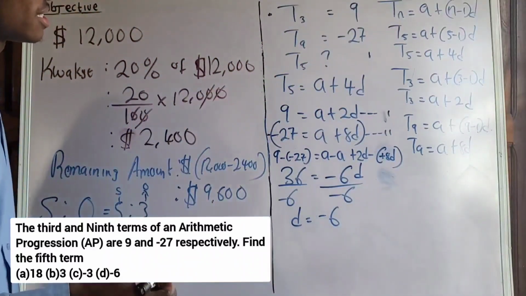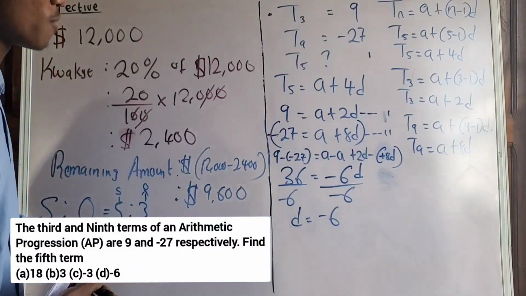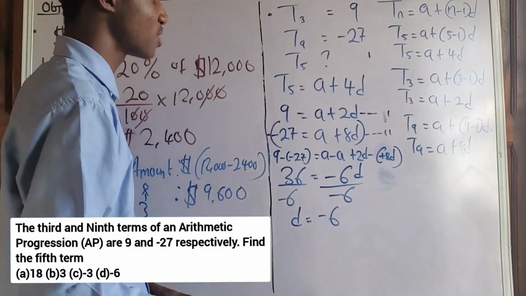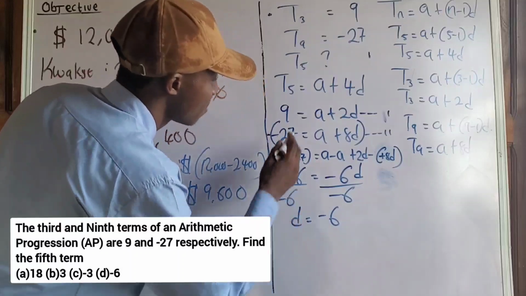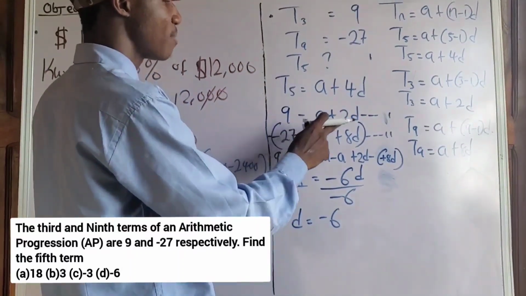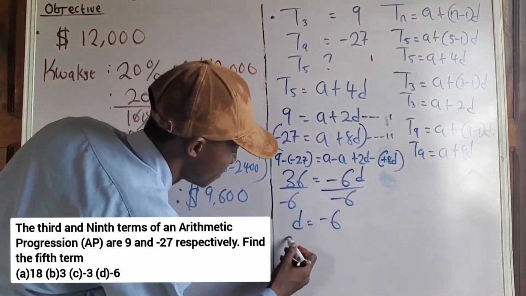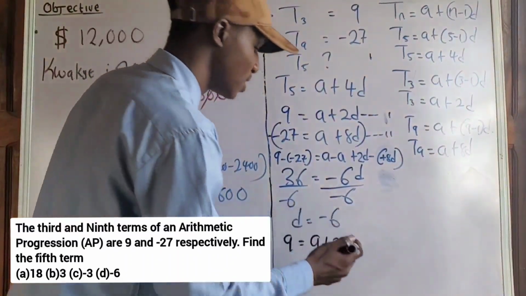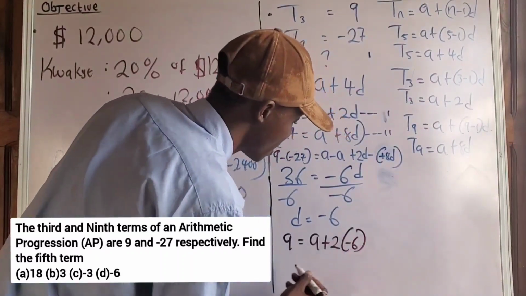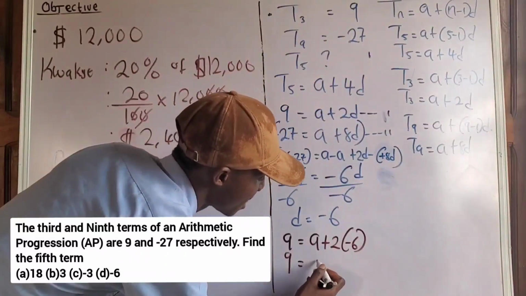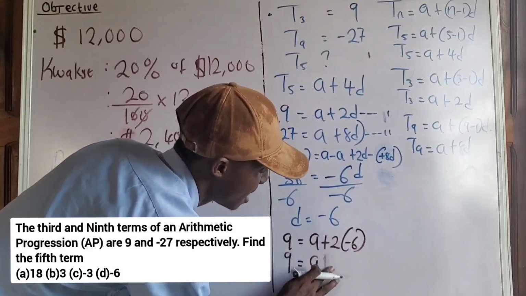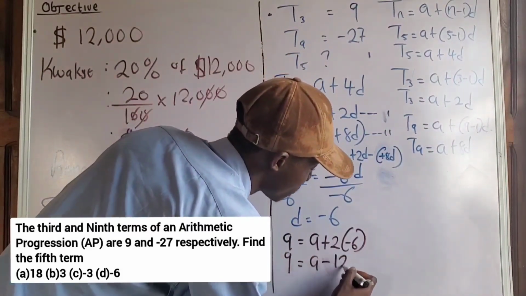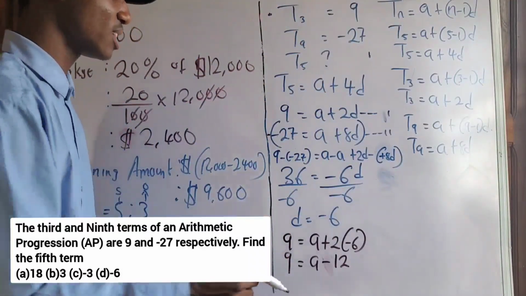Having gotten the value of D as negative 6, I can easily get the value of A by substituting the value of D into any of these equations. So let us make use of equation 1. Equation 1 is 9 equals A plus 2D. So 9 equals A plus 2 multiplied by negative 6. Plus 2 times negative 6 is negative 12, so 9 equals A minus 12, because D has become negative 6.